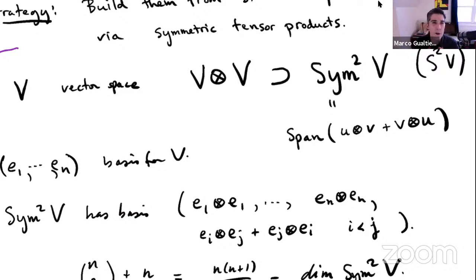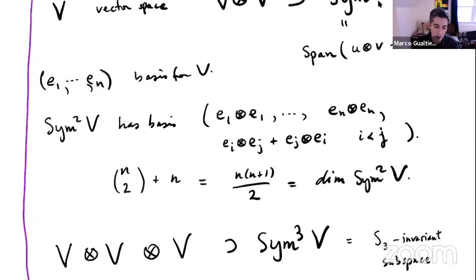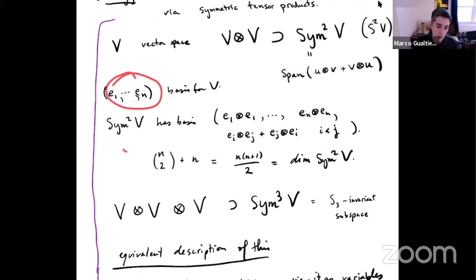You want to consider expressions, tensor products of two tensors, but you want them to be actually symmetric under flipping the two factors. So if I have a basis for V, then what is the basis of Sym2V? Well, here's a basis. I can have E1 tensor E1, E2 tensor E2, E3 tensor E3, En tensor En. Those are all symmetric.